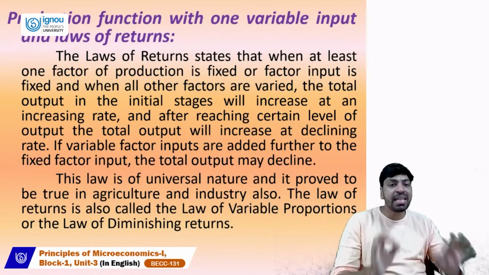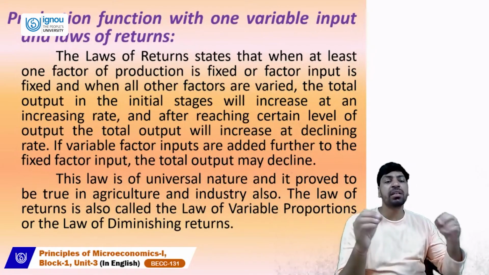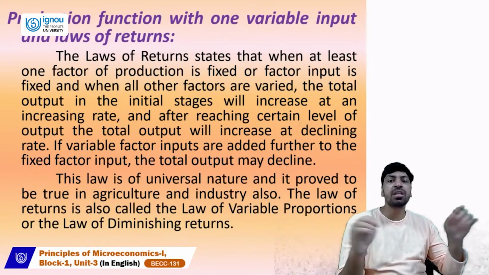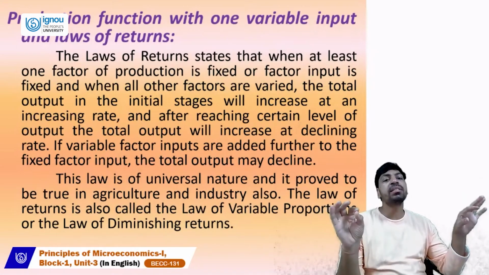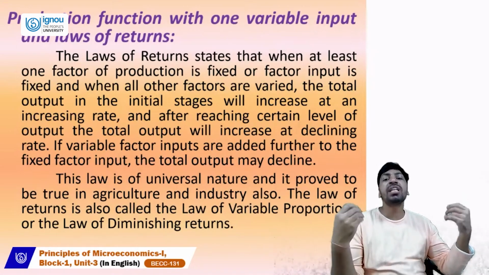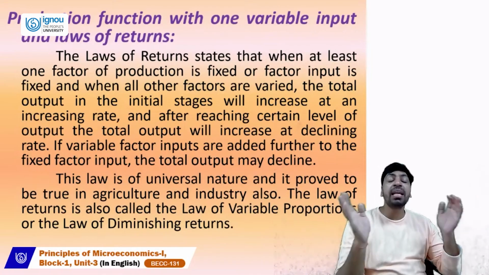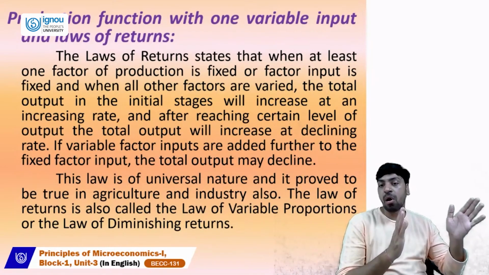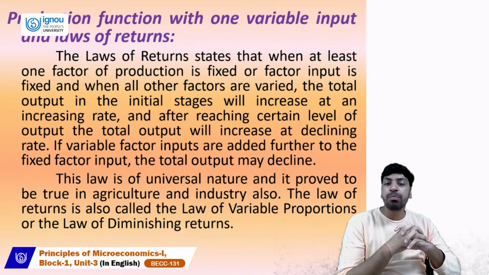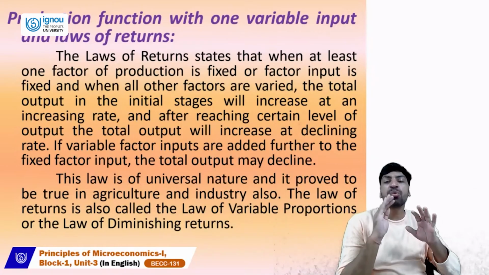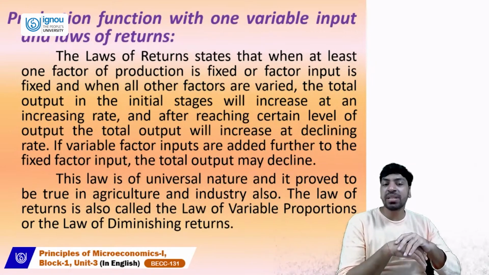When at least one factor, it could be land or labor, is fixed and other factors are changing or varied, in that particular law, the total output initially increases at an increasing rate.